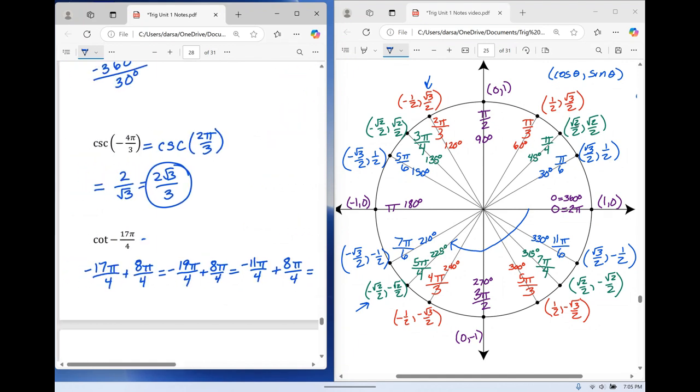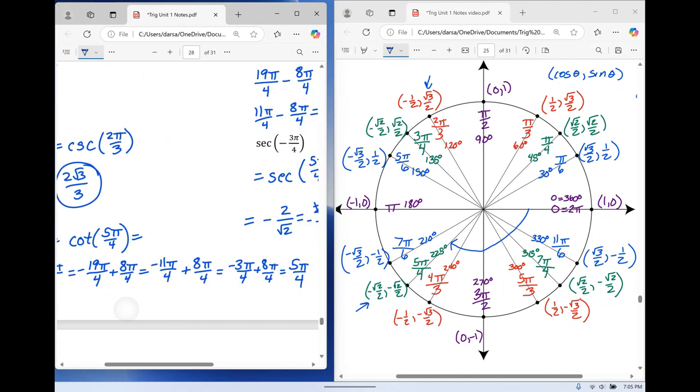So the cotangent of negative 17 pi over 4 is the same as finding the cotangent of 5 pi over 4 because they land in the same place on the unit circle. Let's remember cotangent is the reciprocal of tangent. Tangent is sine over cosine. Cotangent is cosine over sine, or the x over the y.